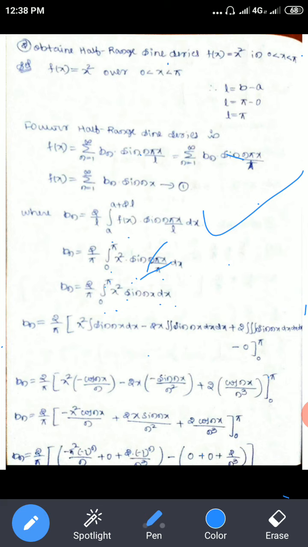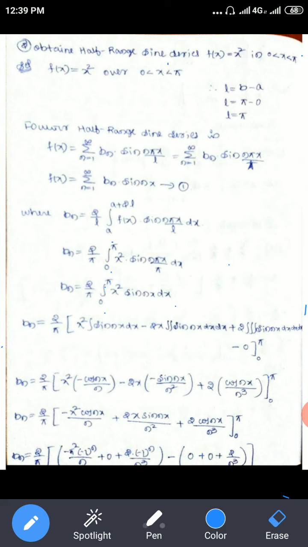So next what I will do is keep 2 by pi as it is. Algebraic, next trigonometric. First function, Bernoulli's rule you apply: x square is first function and sine of nx is second function. X square into integration of sine nx, minus differentiation of x square which is 2x into double integration of sine of nx.